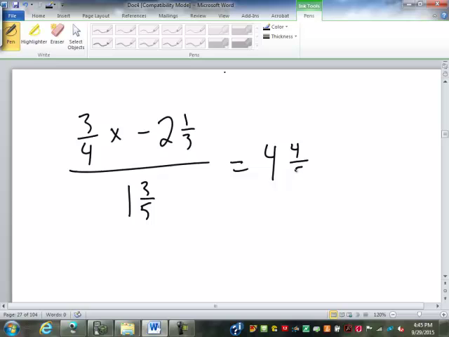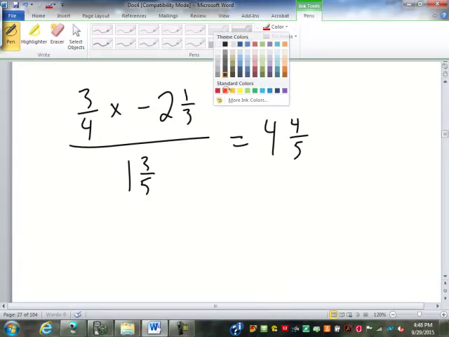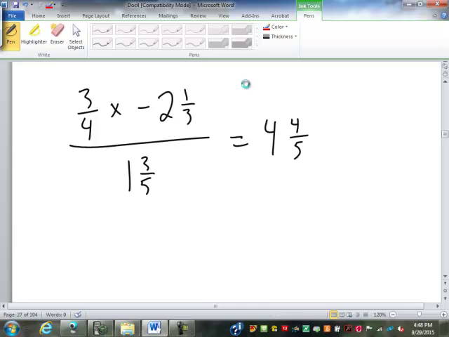There we go. That should work out okay. Give that one a shot. Let's see how that one turns out. Where are we going to start this one? So we're going to multiply by 1 3/5.